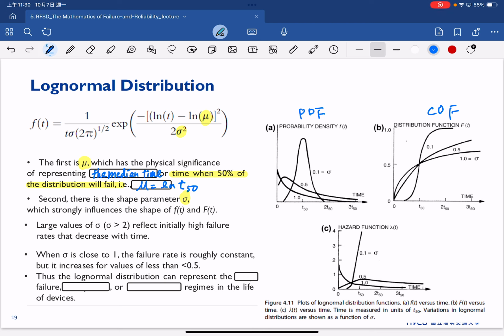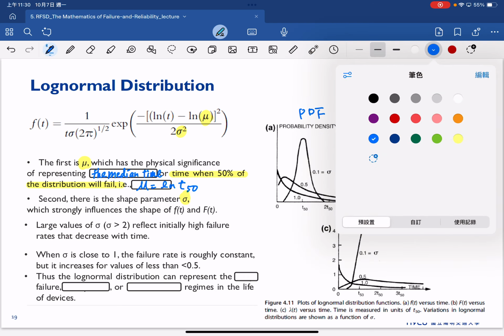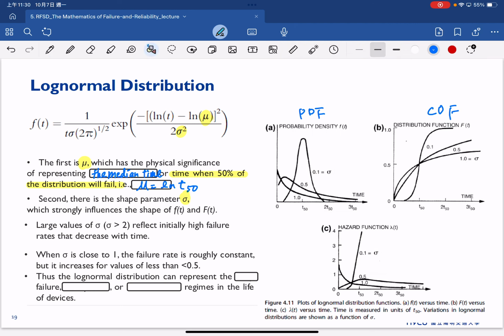And large values of sigma, when sigma is larger than 2, reflect an initially high rate that decreases with time. So you can see this is a hazard function. This is sigma equal to 0.1.